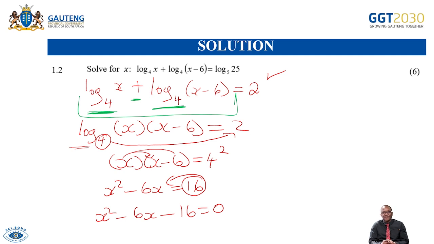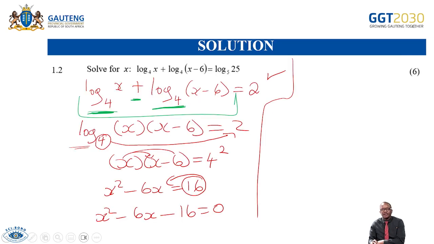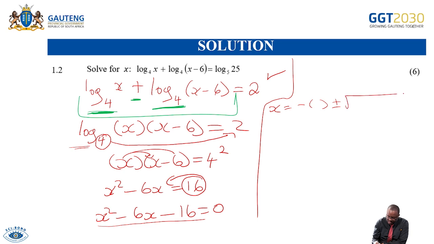Those are the techniques that you need to apply in order to solve this type of questions. So now, how do we solve this one? Remember, now we have a quadratic equation. We can use the quadratic formula. So x is equal to minus b plus or minus the square root of b squared minus 4ac, all over 2a.